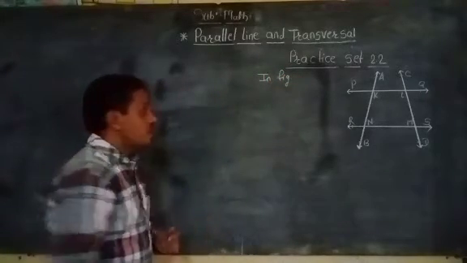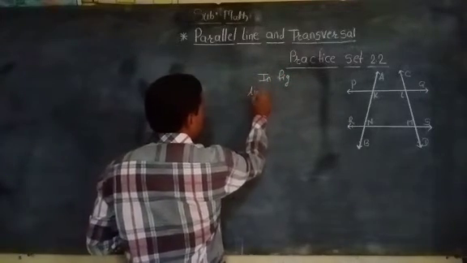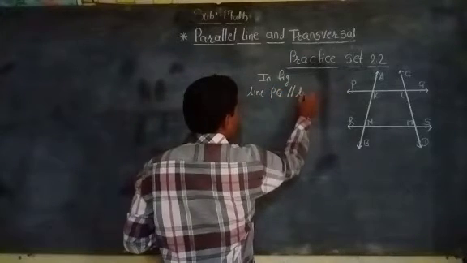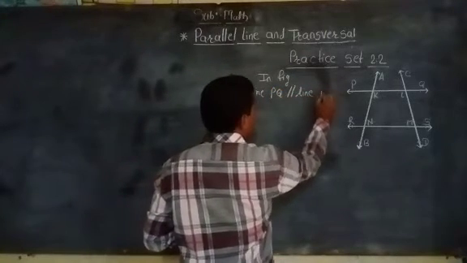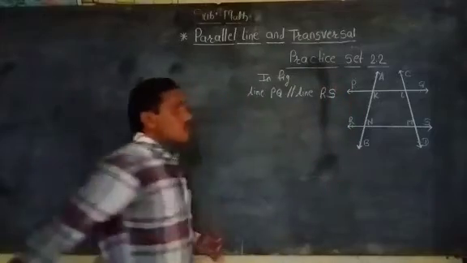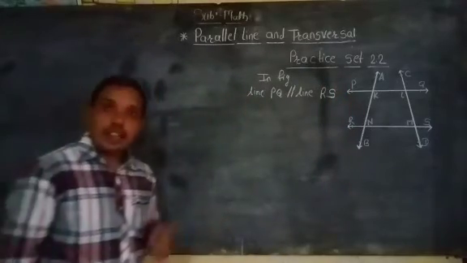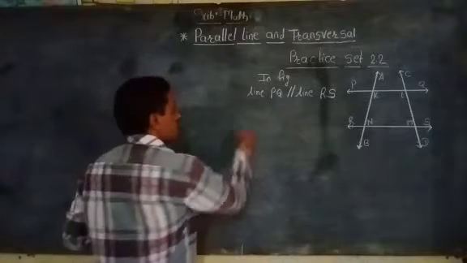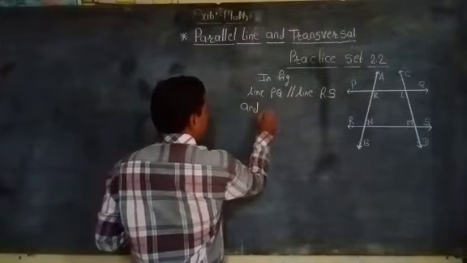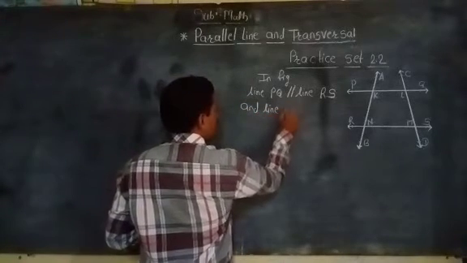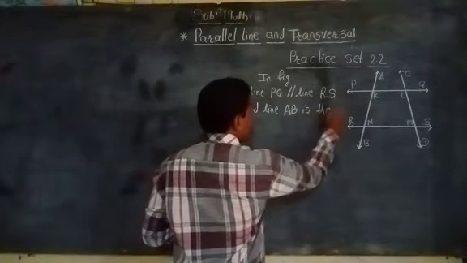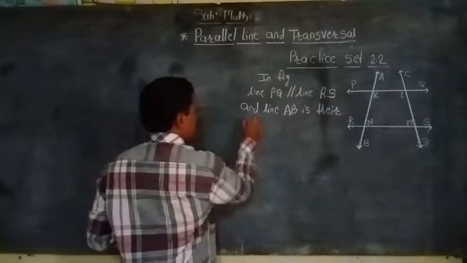In the figure, line PQ is parallel to line RS. PQ and RS are the parallel lines and AB is their transversal.